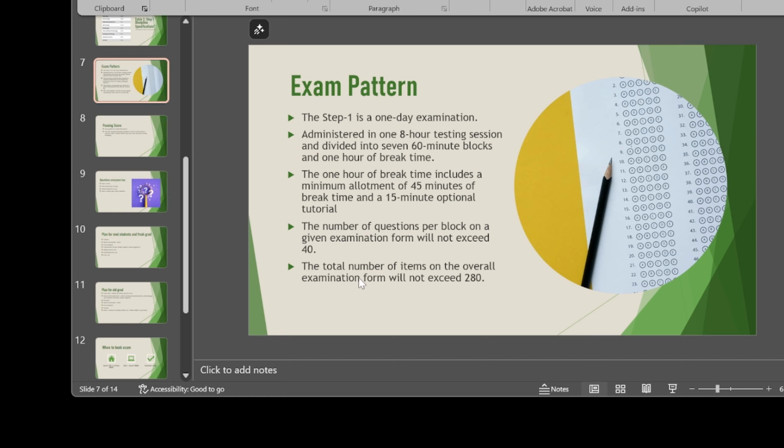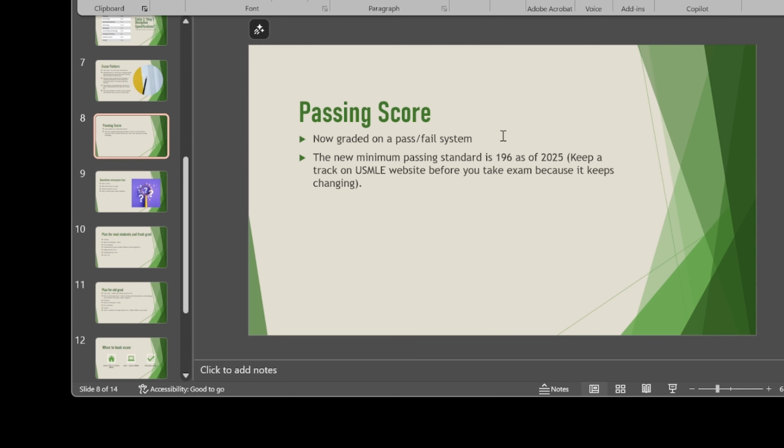Usually there will be a maximum of 40 questions in each block. Now it's graded as pass or fail, and the new minimum passing score is 196 as of 2025, but you should always keep track of this on the USMLE website because it keeps changing.